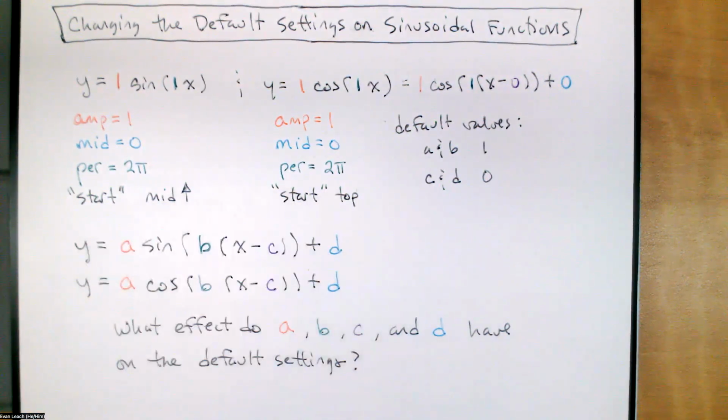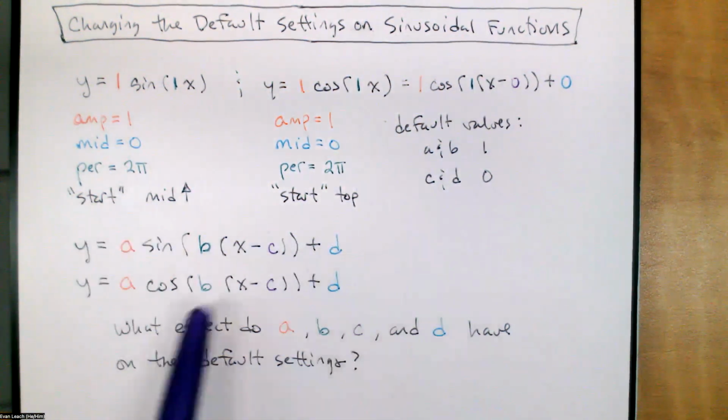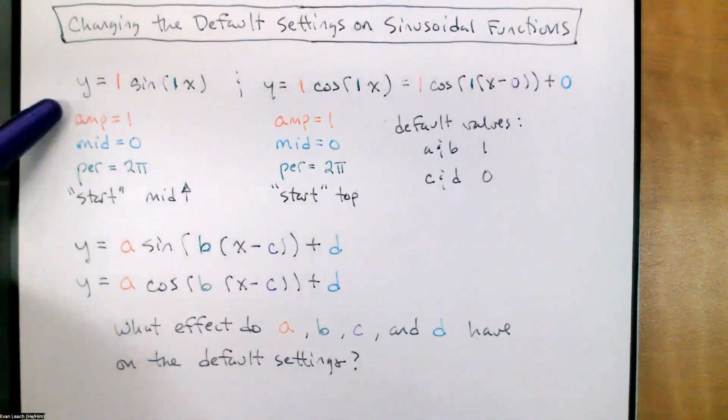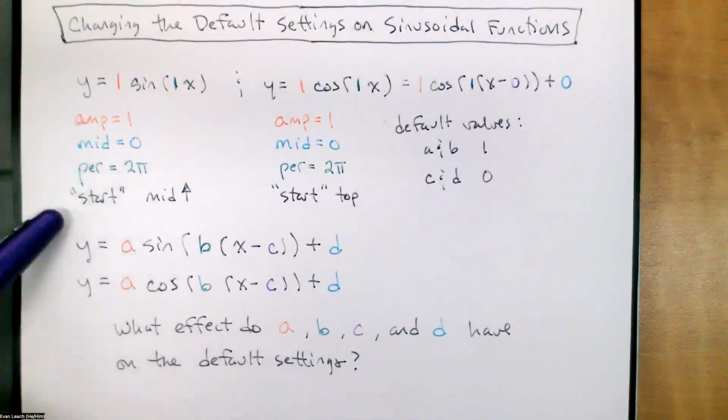When I say start, I mean what's going on when x is equal to 0. We want to know what effect changing these values A, B, C, and D have on these 4 things: the amplitude, the middle, the period, and the start.